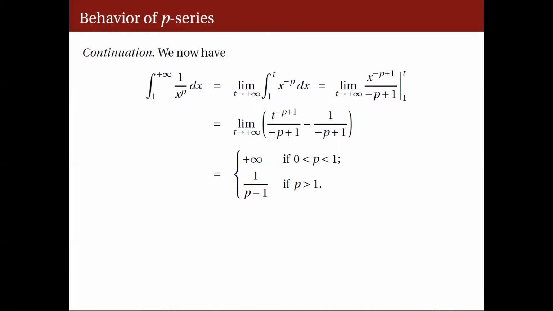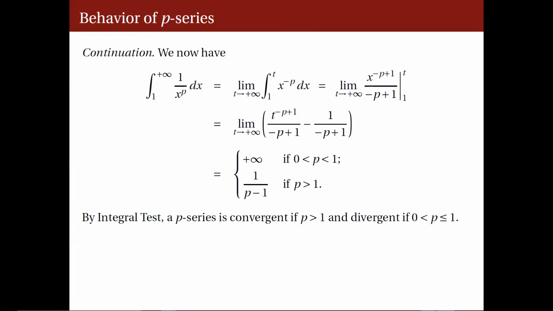Kaya ang limit ay papunta lamang sa 1 over p minus 1, which is a real number. Thus, by integral test, a p series is convergent if p is greater than 1 and divergent if 0 less than p less than or equal to 1.